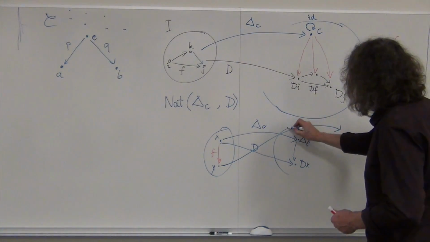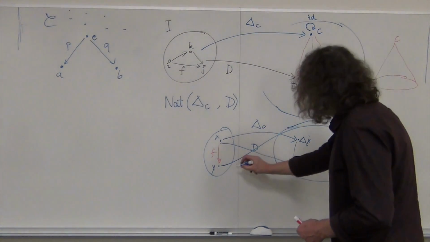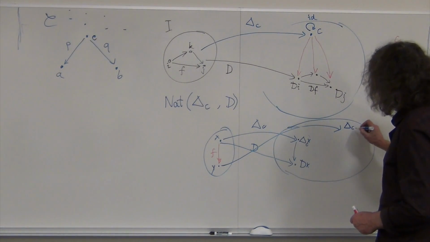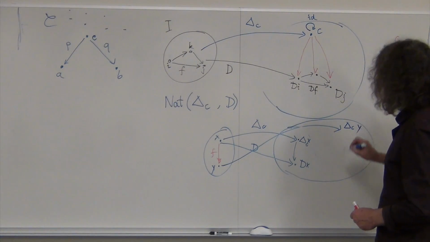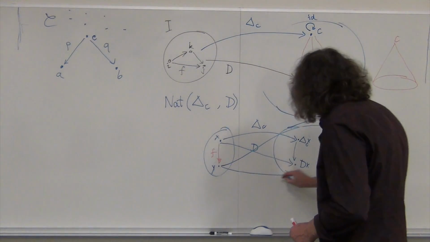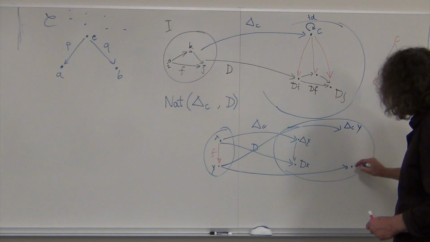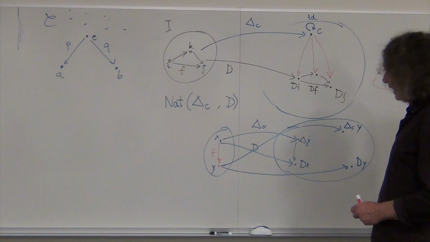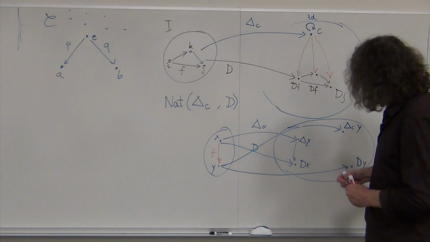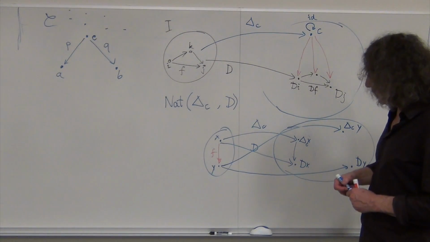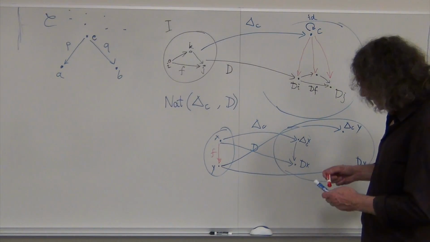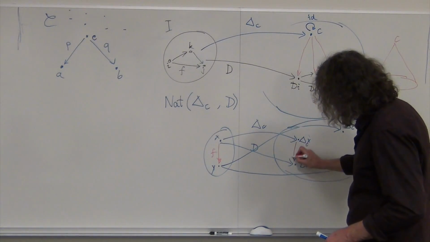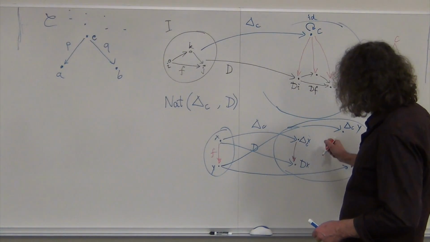Let's say the first functor is delta C. So this is delta C acting on Y, and this is D acting on Y. So this morphism F, I've drawn it in red.